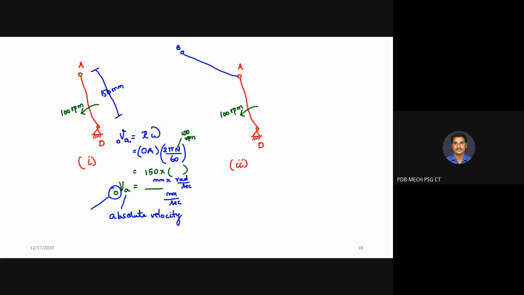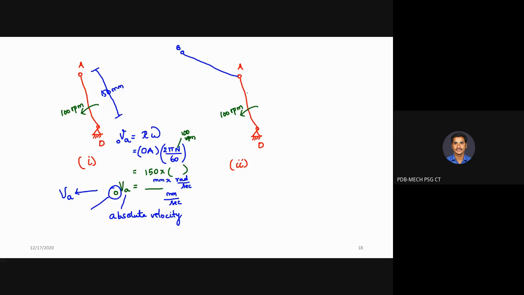Is it clear? Yes. Then in this case, instead of velocity of A with respect to O, simply we can denote it as velocity of A. All are indicating that it is linear velocity with respect to the absolute point. So with respect to O is not required. Simply we can write VA, which is nothing but the velocity of point A, which indicates the absolute velocity.